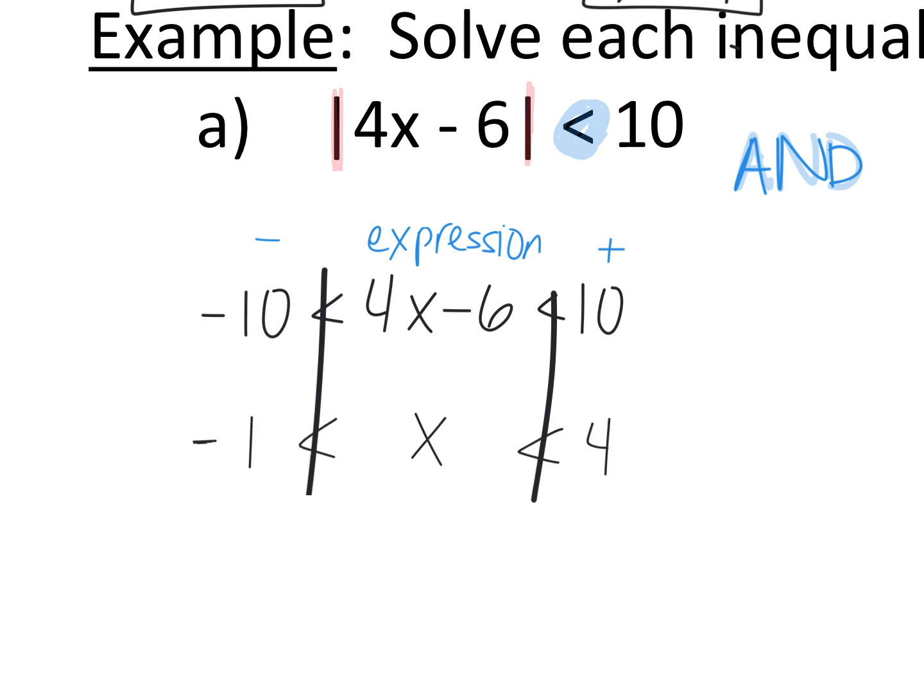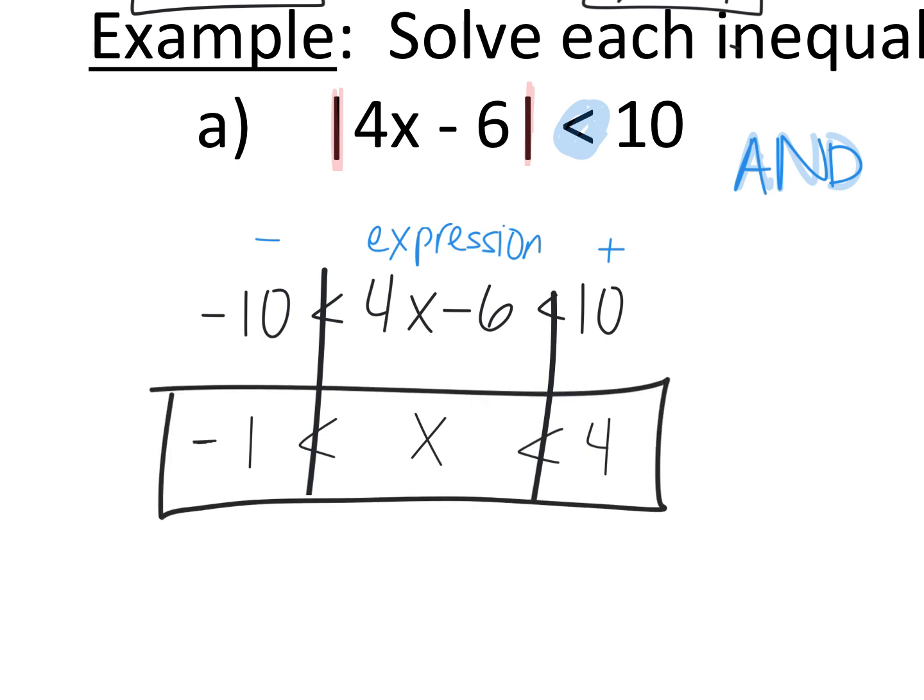We're going to go ahead and graph these today for the sake of getting more practice with interval notation. You should add 6 and then divide by 4, which is how we get negative 1 less than x less than 4. Okay, so on our number line, plot at negative 1 and 4.